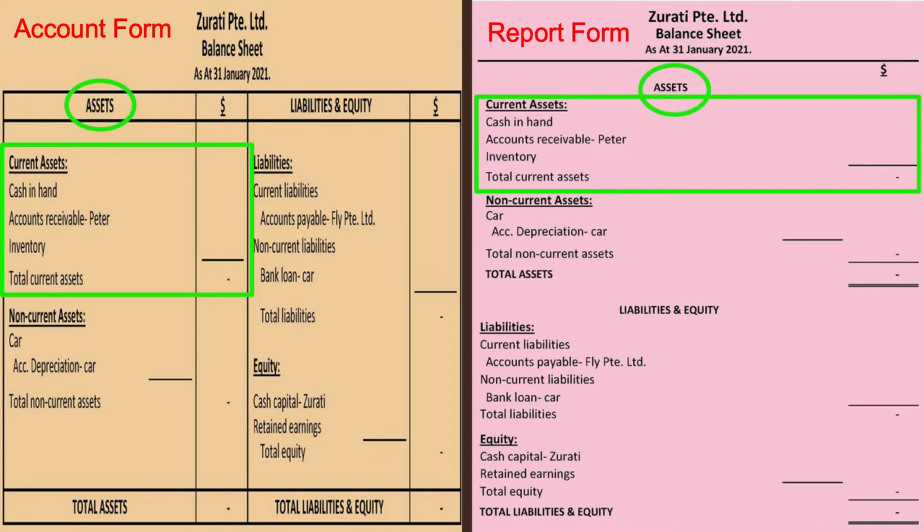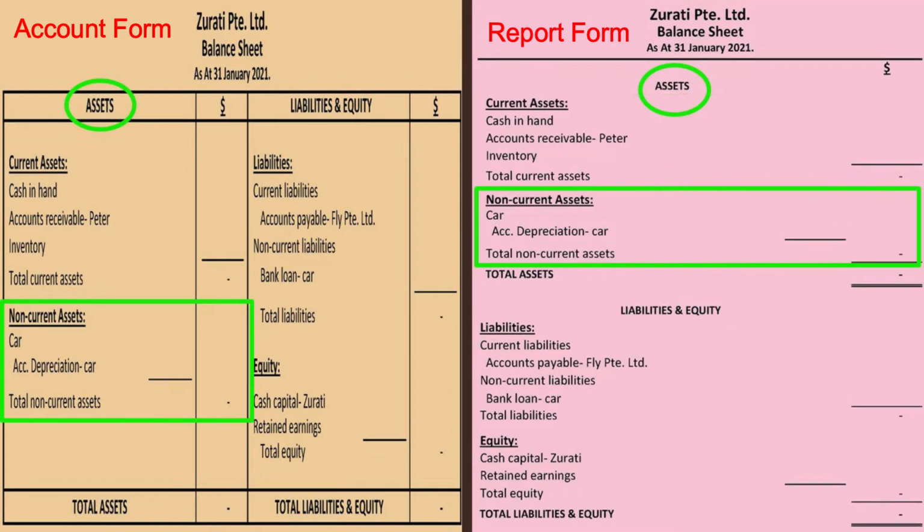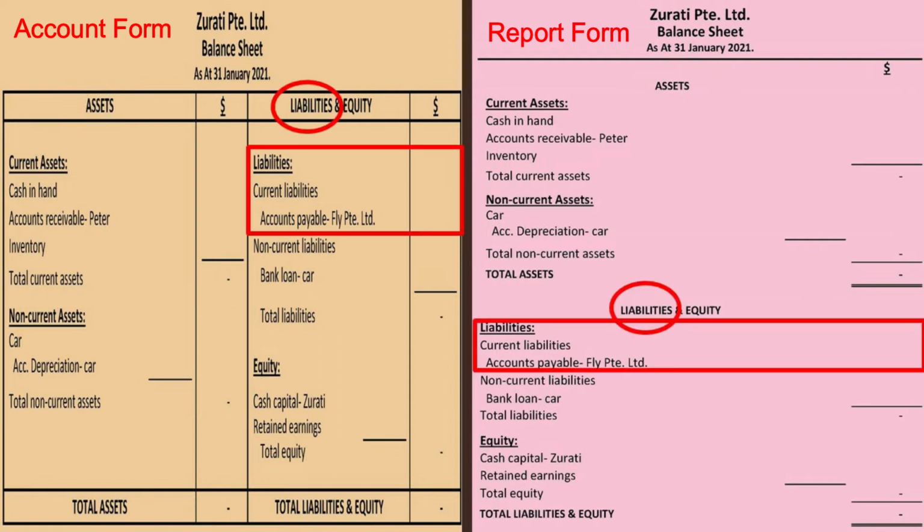For example, cash in hand, cash at bank, accounts receivable, prepaid expenses, advance payment, and inventories. Non-current assets are used in business, not for sale, for more than a year. For example, land, building, plant, machinery, and equipment.